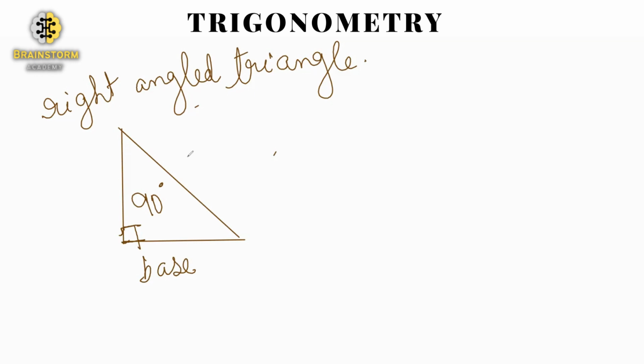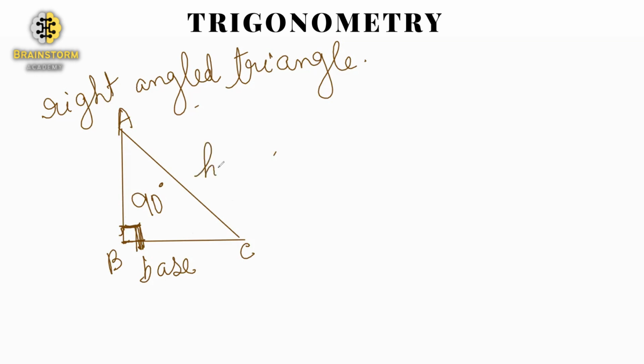Now we also know that the side which is just opposite to 90 degrees, so this is the 90 degree, I have not even named it, so let's name it ABC. The side just opposite to 90 degrees, we are going to call this side the hypotenuse.